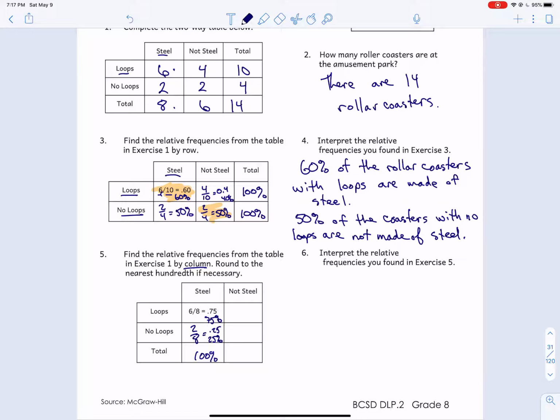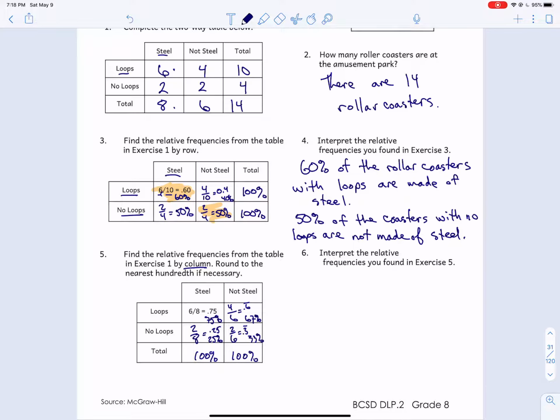And then looking down, 4 out of 6, and then the next one is 2 out of 6. So if we simplify this, we get 0.6 repeating, which is 67%. And this we get 0.3 repeating, which is 33%. And then we add those together, we get 100%.